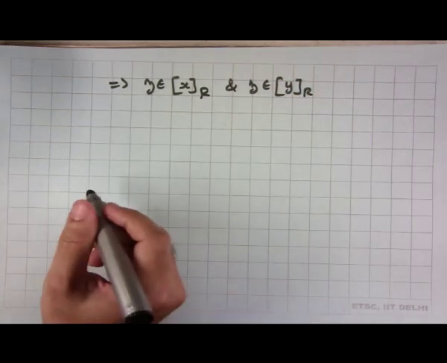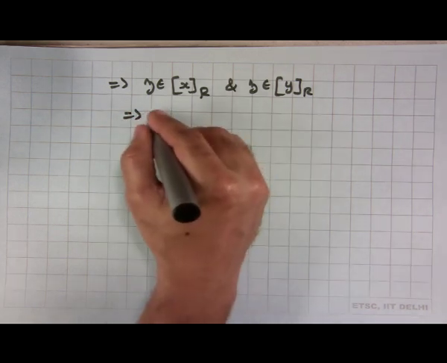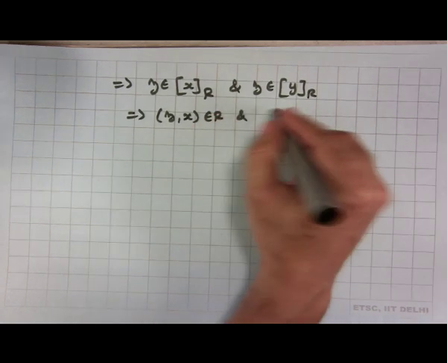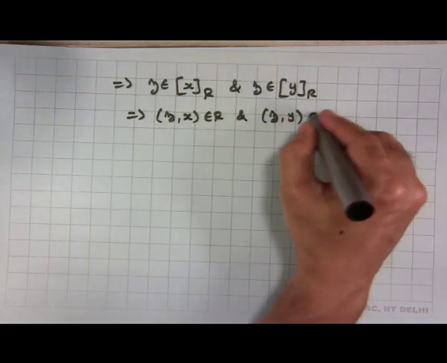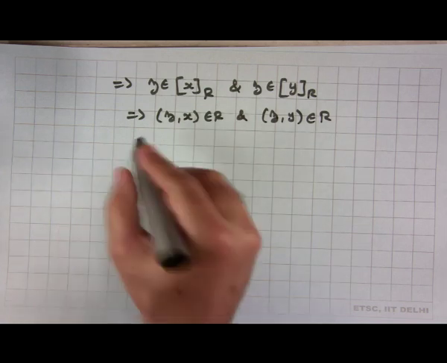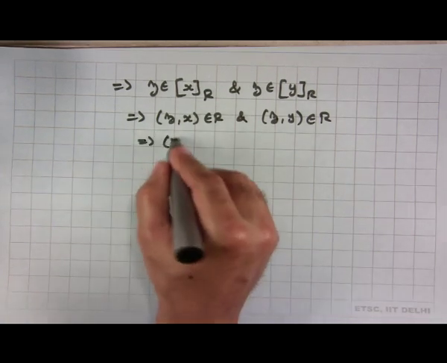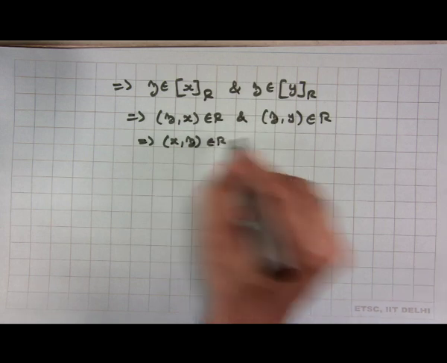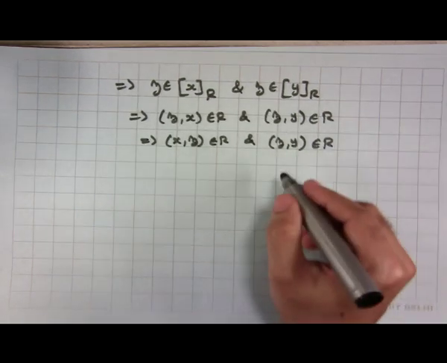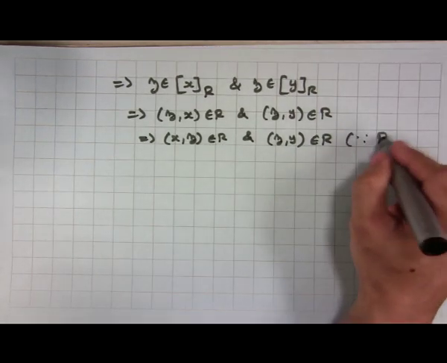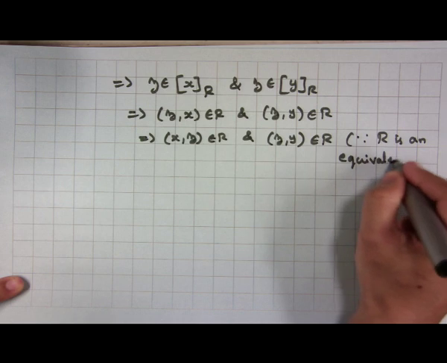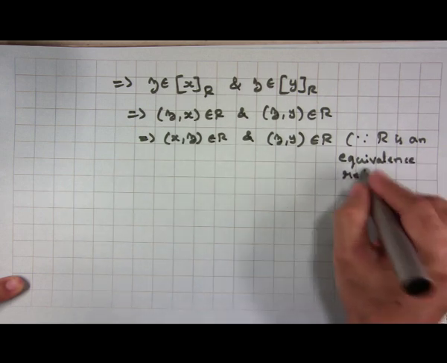Now, by definition this is equivalent to saying that the pair z comma x belongs to R and the pair z comma y belongs to R. We know that R is an equivalence relation, therefore, this implies x comma z belongs to R and z comma y belongs to R. Because it is an equivalence relation, it is symmetric.